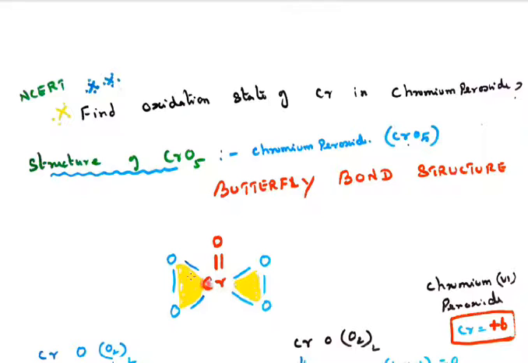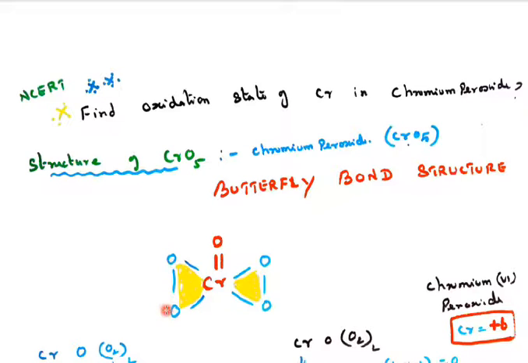Chromium is bonded to O and a double bond O. These two are peroxide and these two are also peroxide, and they look like a butterfly. So that is why it is called a butterfly bond structure. Peroxides carry minus 1 valency, not minus 2.